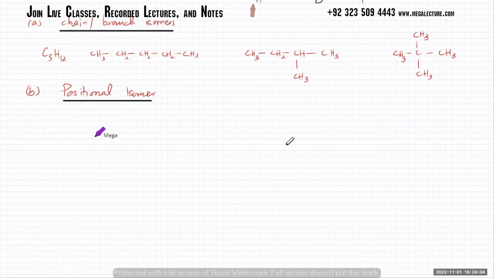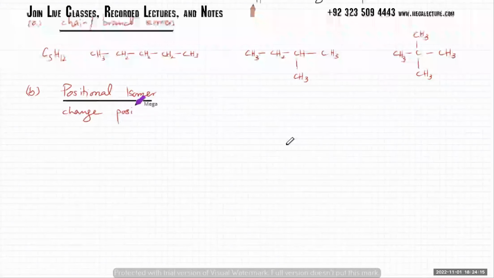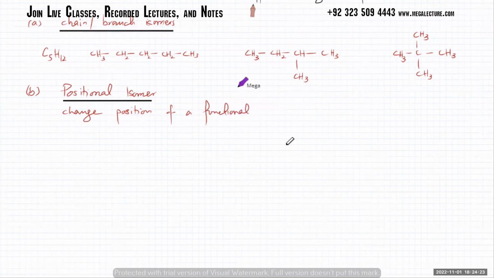A positional isomer is that you're going to change the position of a certain group. So you can change the position of a functional group, or usually it's a functional group that you change the position of.